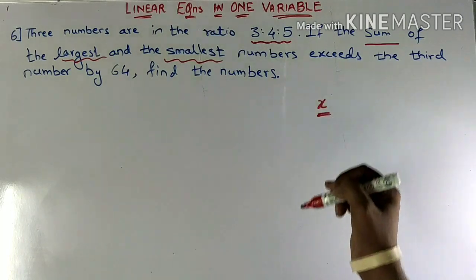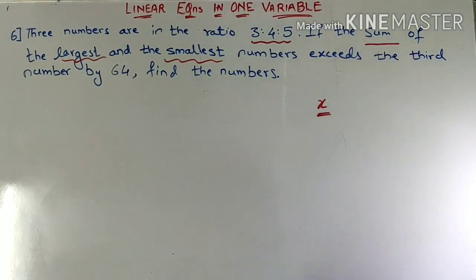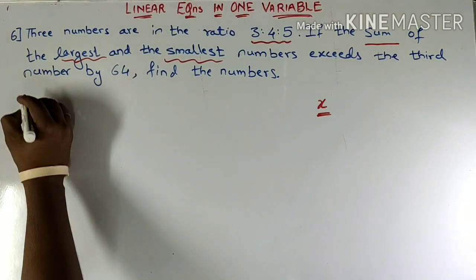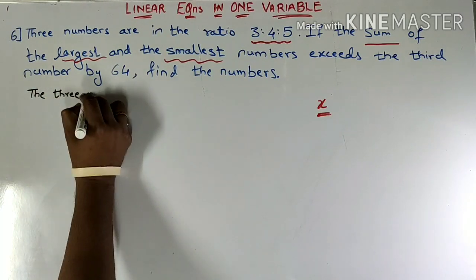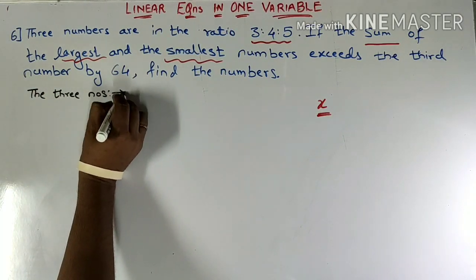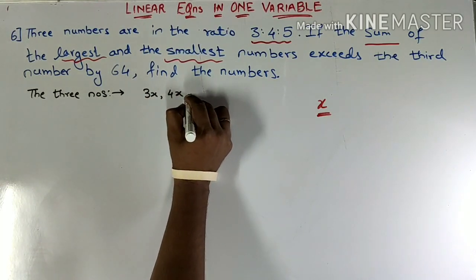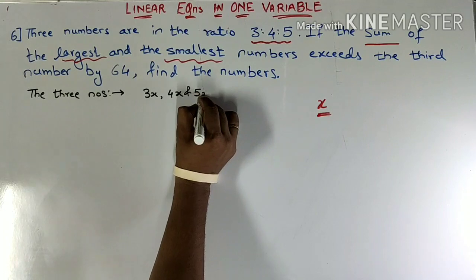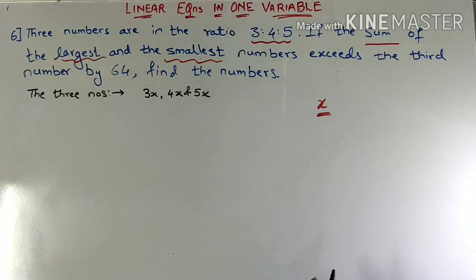So if the common multiple is x, the three numbers will be 3x, 4x and 5x.